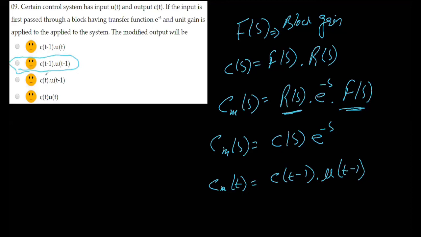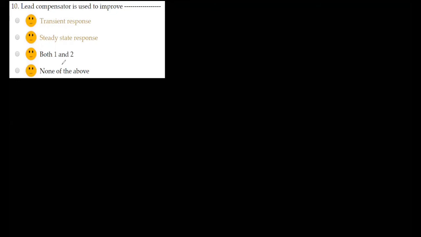Okay, next MCQ is: lead compensator is used to improve transient response, steady state response, both 1 and 2, or none of these. So actually your lead compensator is used to improve the transient response, and lag compensator is used to improve the steady state response.